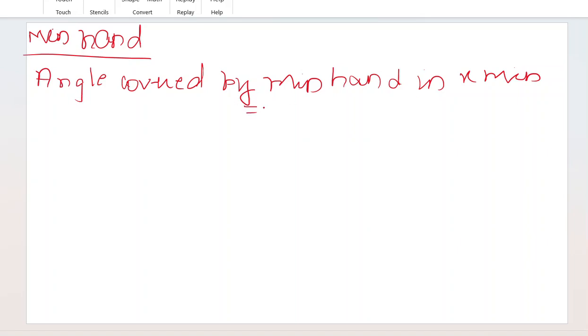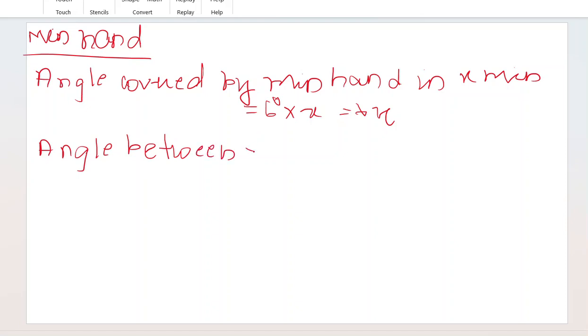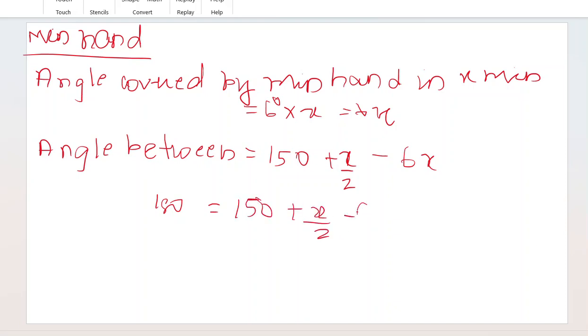It will be 6 degree into x, which is 6x. Then I have to do again as expected, the angle between will be 150 degree plus x by 2 minus 6x, and in this case I take the angle between as 180 degree because of what was explained before.